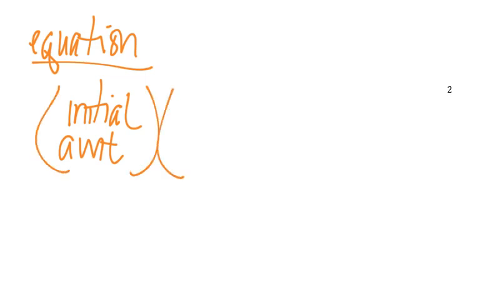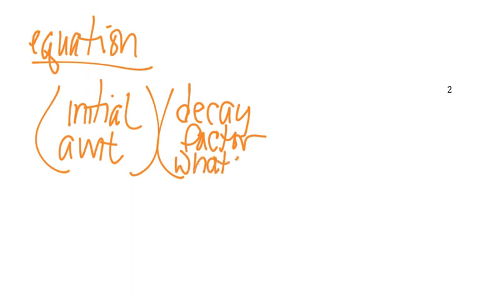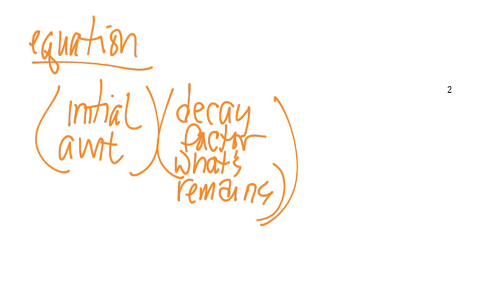Multiply that by the decay factor. Right? This is what's remaining. What remains. Okay, and I'm going to raise that to some exponent up here that typically relates to time.